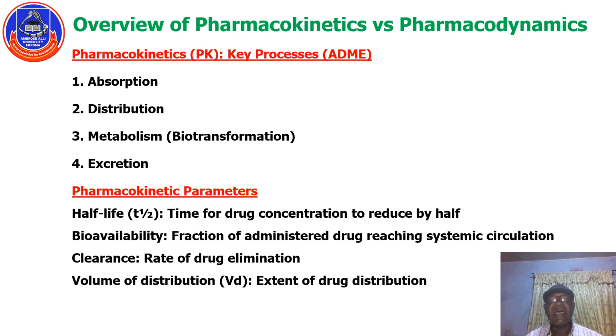Now, the key processes. Absorption simply means the drug entering into the bloodstream. Of course, this is affected by factors like the pH, solubility, and surface area. The second is distribution, which has to do with movement of drug from the bloodstream into the tissues. This depends on blood flow, plasma protein binding, and lipid solubility, as the case may be.